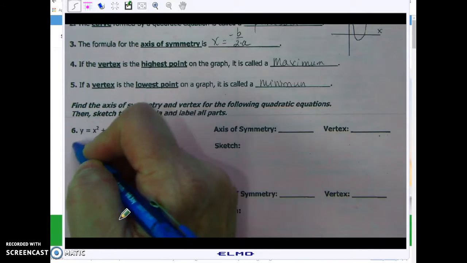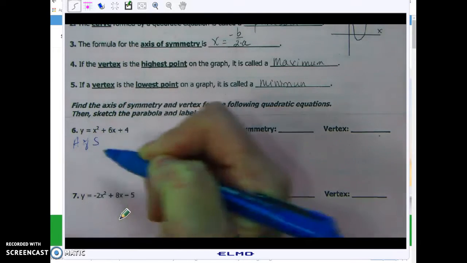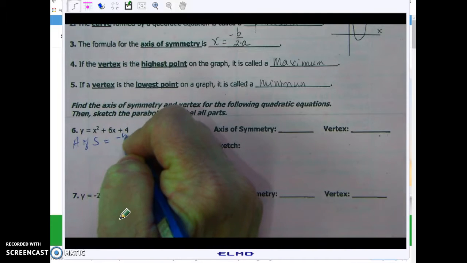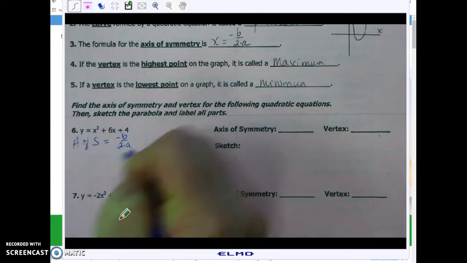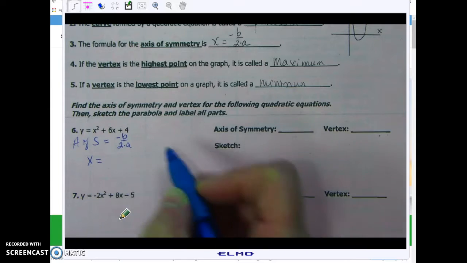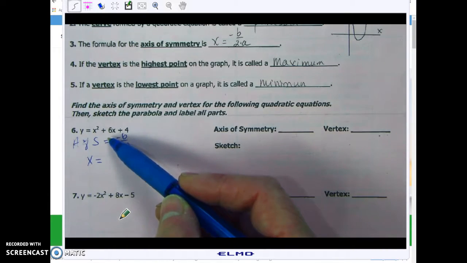First thing we're going to do is the axis of symmetry, A of S, negative b over 2a. Okay, and that's going to give us an x value, so now I'm just going to say x equals. Now, what is my b value in this equation?